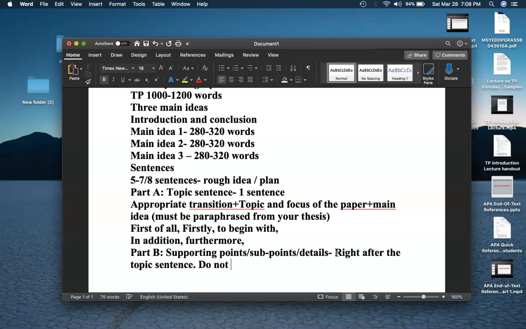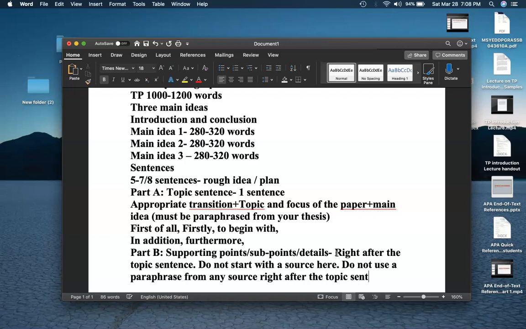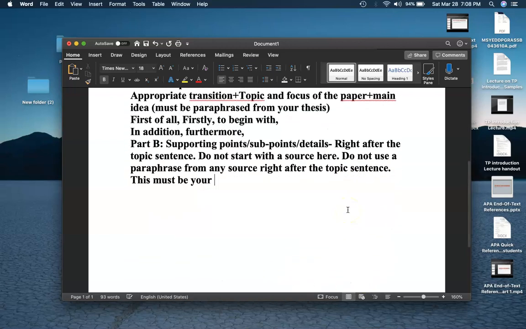Do not start with a source here. Do not use a paraphrase from any source right after the topic sentence. So this must be your own explanation, example.